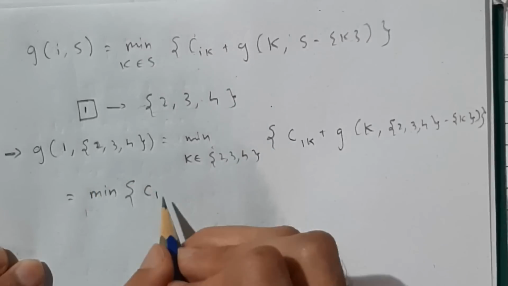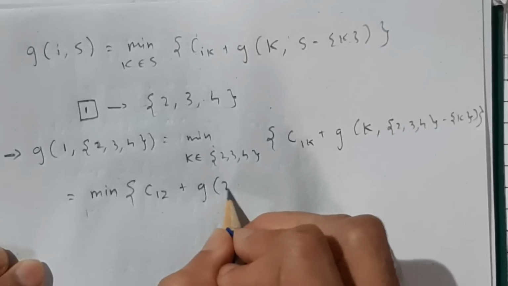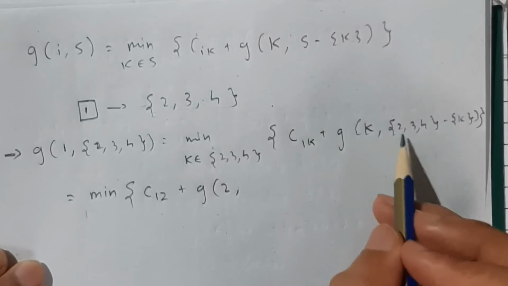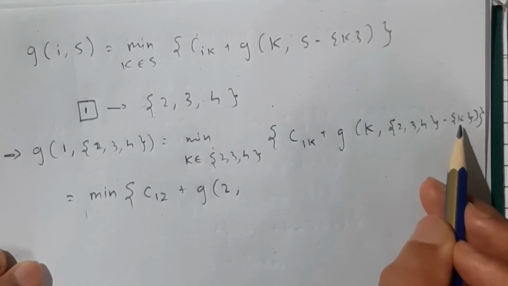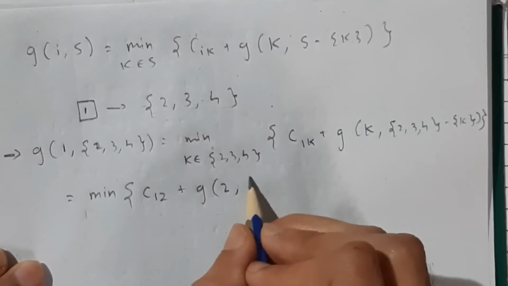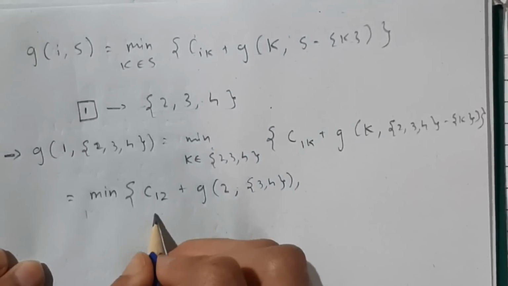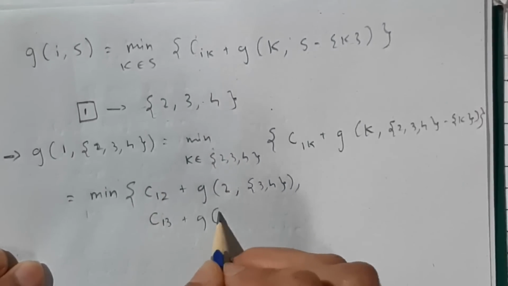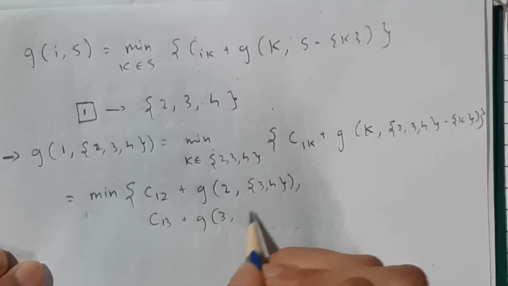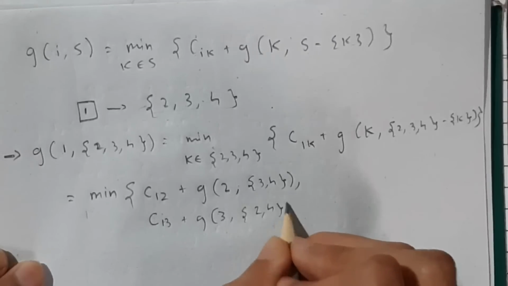K I can choose as 2 initially, so it will be C12 plus g of 2, comma, from 2, 3, 4. See here, 2, 3, 4 minus k. What is k here? 2. So 2, 3, 4 minus 2 is 3, 4 only. So the remaining set will be 3, comma 4. This is one possibility. The second possibility is me choosing 3. So C of 1, 3 plus g of 3, comma, if I remove 3 from this set, I will be remaining with 2 and 4.